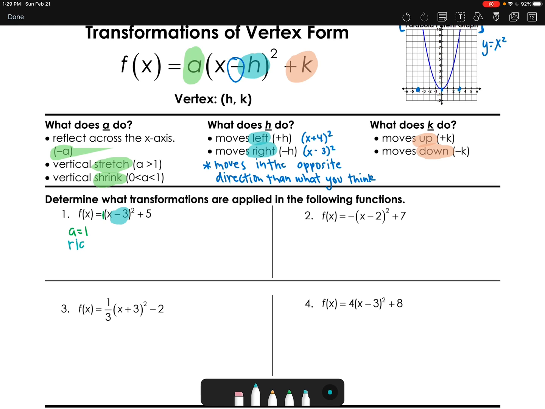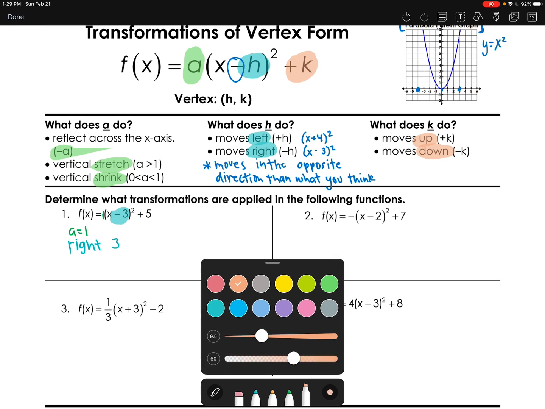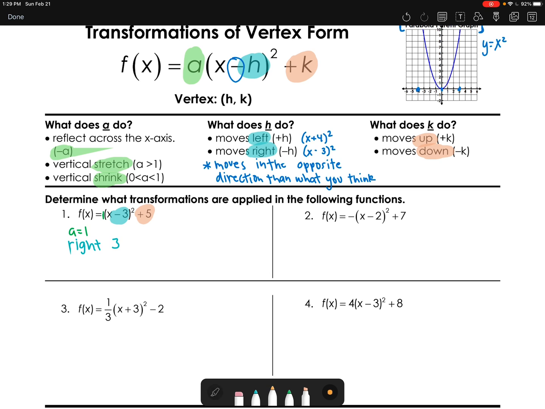Remember, it's moving the opposite direction than what you think it is. So we are moving to the right 3. And then this plus 5 here tells me I am moving up 5. Okay? So that a equals 1 isn't really important for writing what your transformations are. The only transformations here are because we have h and k values.